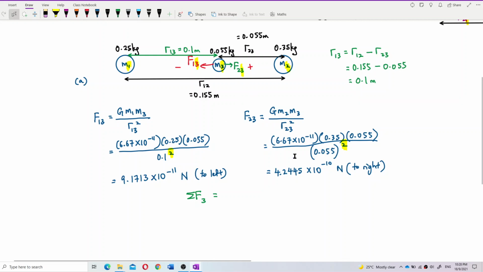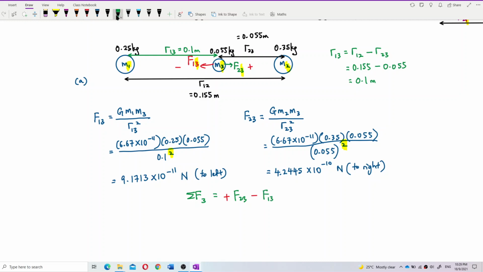So F23 is positive, F13 is negative. This is just direction. Positive means to the right, negative means to the left. Understand? So let's do it. F23 is positive, and then F13 is negative.